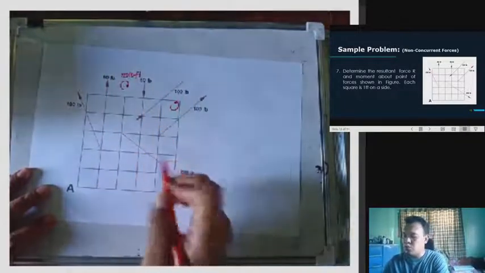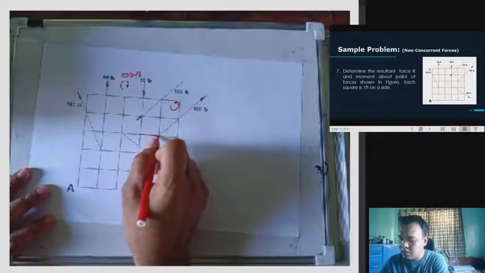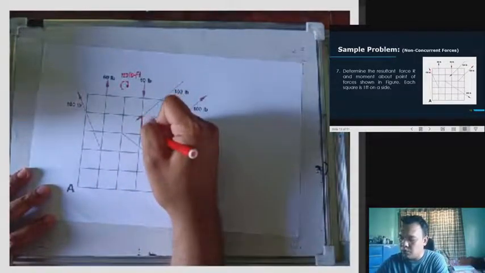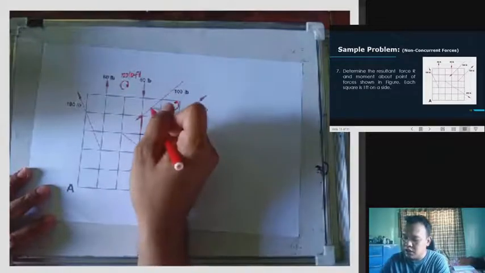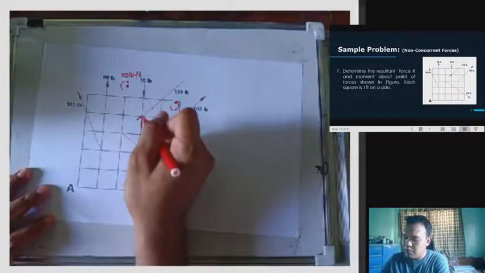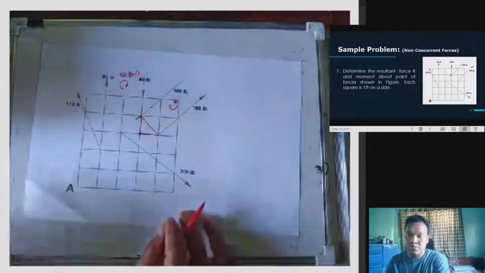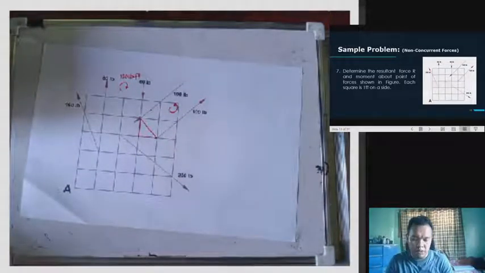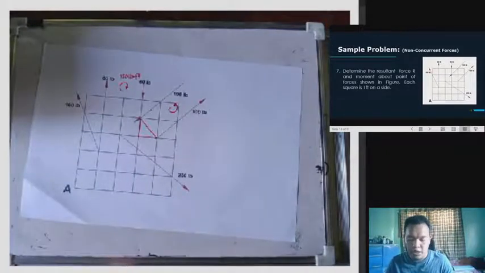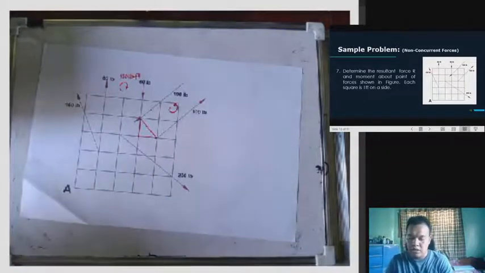Ito naman, so since ito ay 1 foot and 1 foot to get the value of this perpendicular distance, tama bang ito lang yon, yung hypotenuse nito. So to get the hypotenuse, we have here square root of 1 squared plus 1 squared. So we have here 100 multiplied by the square root of 2. So we have here 141.